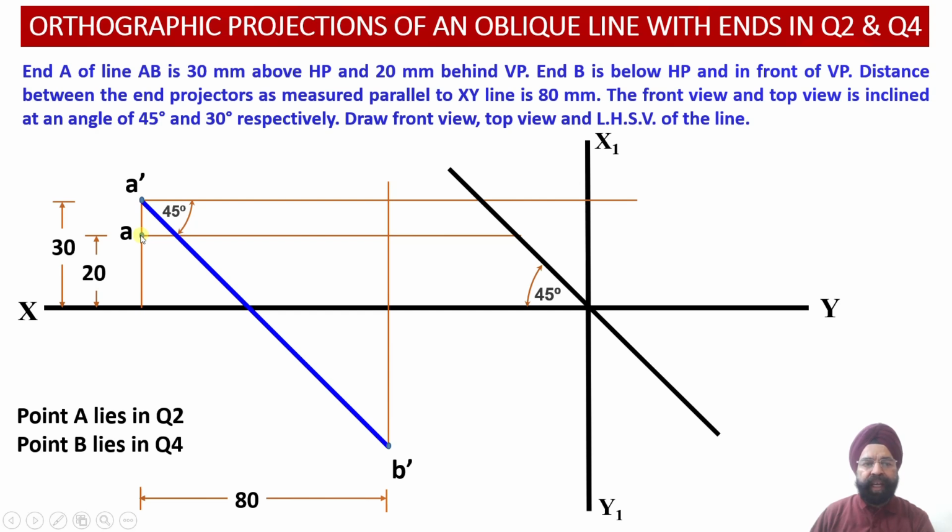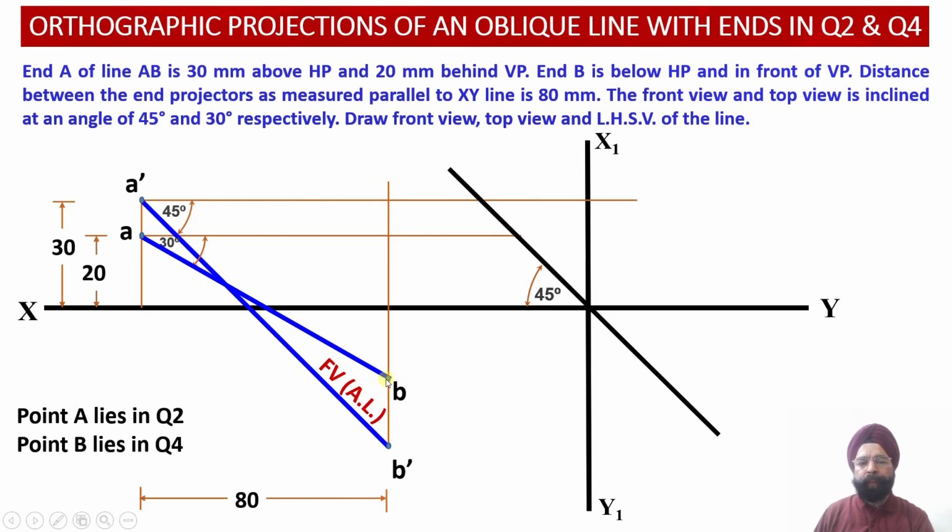Then from the point A, we are going to mark an angle of 30 degree, and we are going to extend this plan projection line and continue extending it till it intersects with the vertical end projector line which we had constructed earlier. So this intersection of the vertical end projector line and the inclined top view projection line over here will give us the location of the point B.